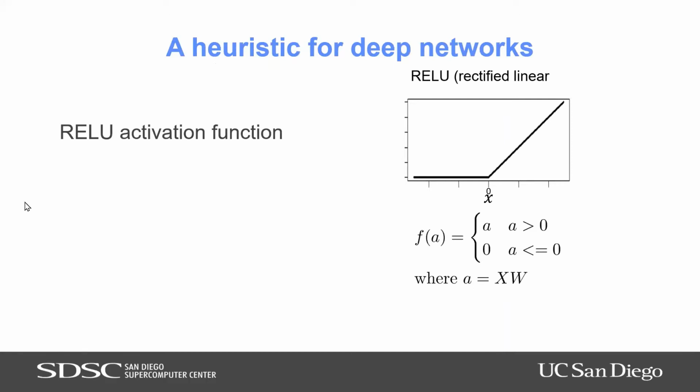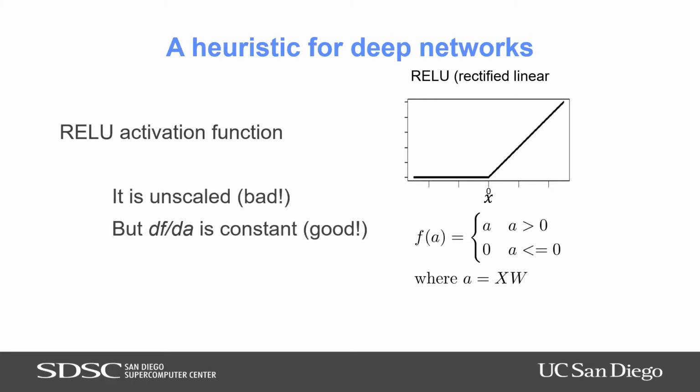And another important development in the last several years is that instead of using logistic activation or linear activation functions, now we have different kinds of activation functions that make the whole algorithm work faster. So the rectified linear unit is a nonlinear unit, but it's piecewise linear. I'm not going to go into the details of this, but it has some nice properties. It's unscaled, so that's potentially bad because you're no longer going to get a 0 to 1 limit. But the derivative is constant, so that's good.